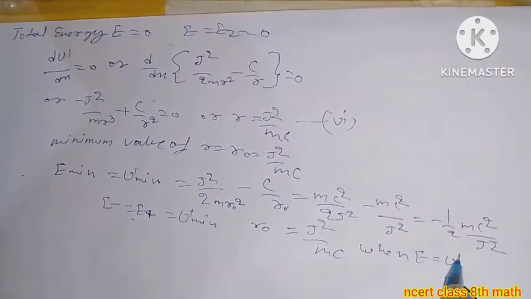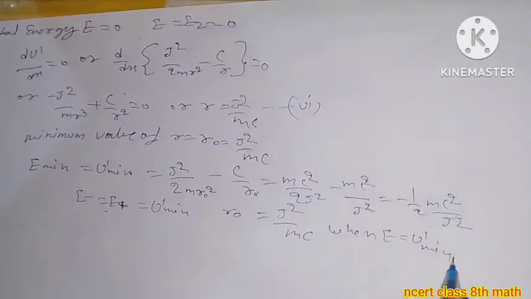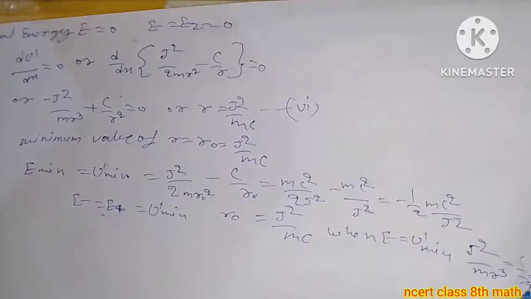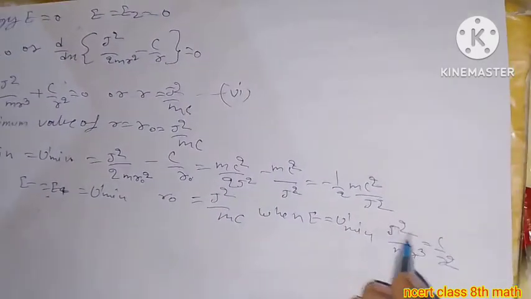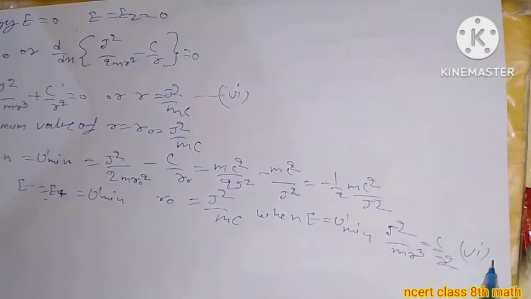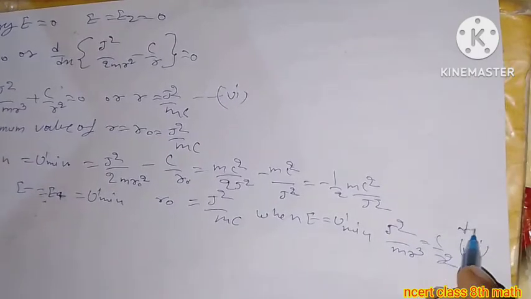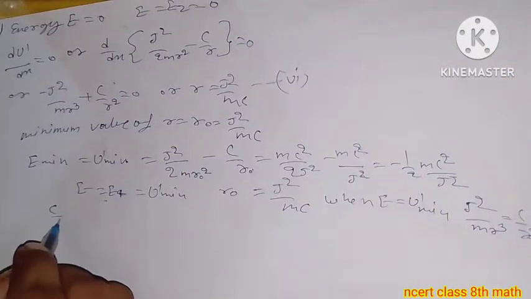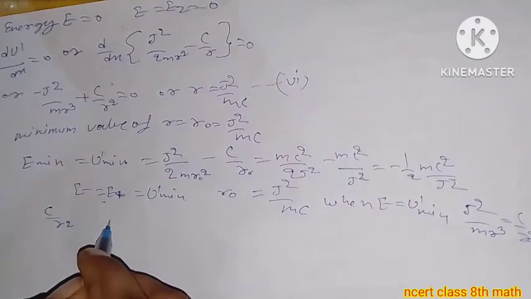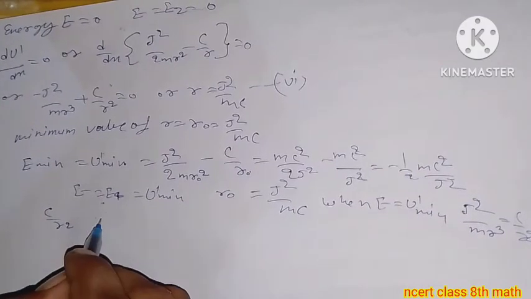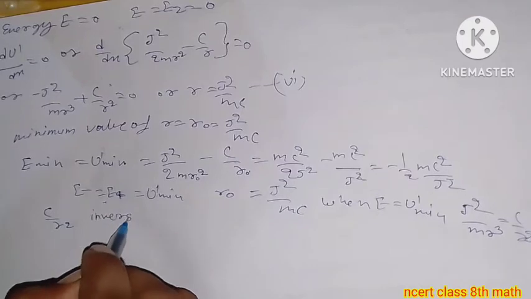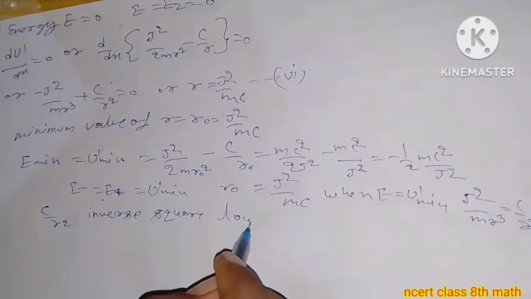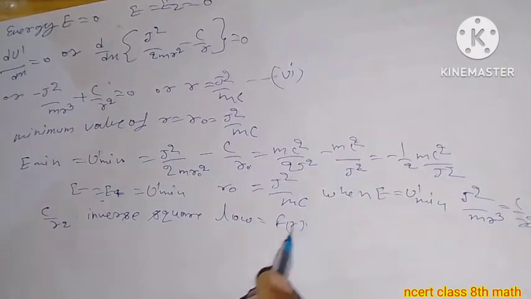When E equals U dash minimum, then J square upon mr cube equals C upon r square, from relation 6. But C upon r square is the central force obeying the inverse square law, Fr.